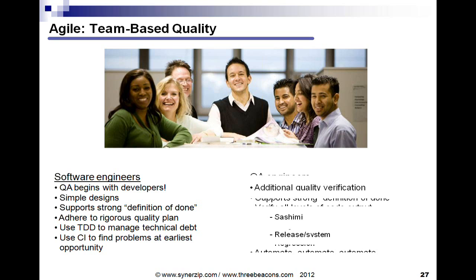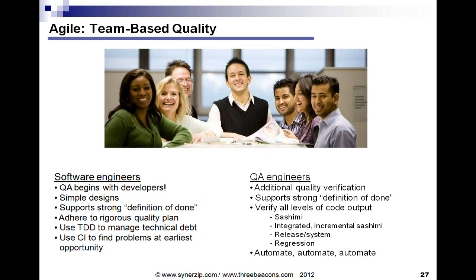Is it maintainable? Is it robust? Is it easily enhanced? And that's a good thing. QA engineers provide this additional level of quality verification, supporting the definition of done and verifying all levels of the code output with a mindset of automate, automate, automate.